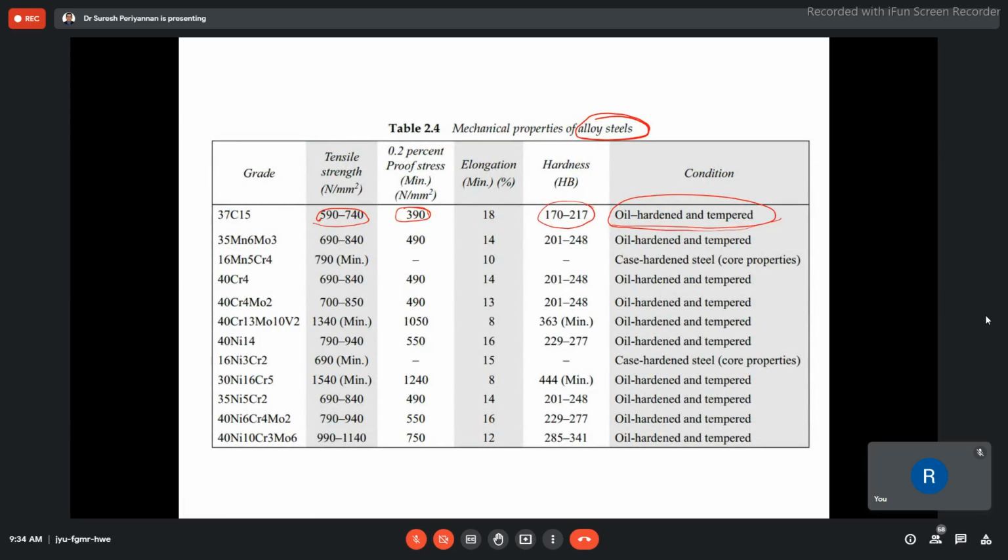Now, one more example we will see, then we go to the next thing. What is this 40Cr? Anyone reflect this? 0.4% of carbon. Yes. Chromium 13 divided by 4. Yeah, approximately you can tell.